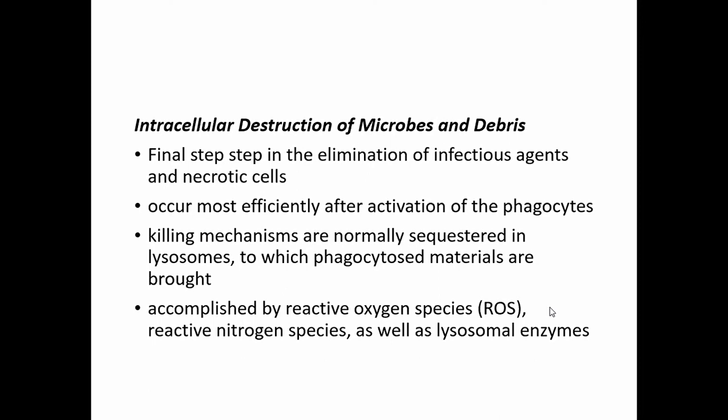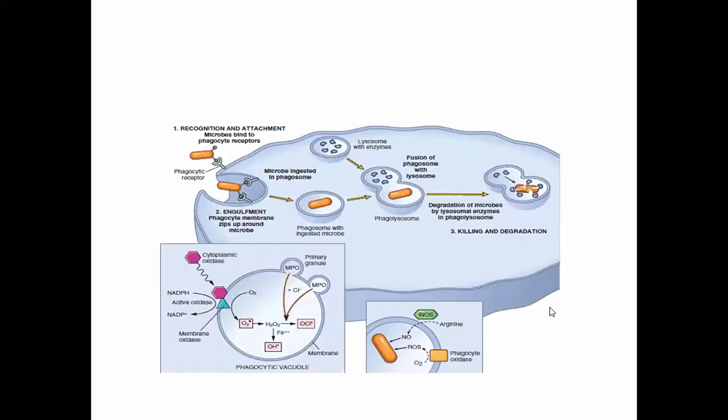So this is the picture of phagocytosis and intracellular destruction of the microbes. These are the microbes which attach to the receptors of the cell, and then the cell engulfs them.